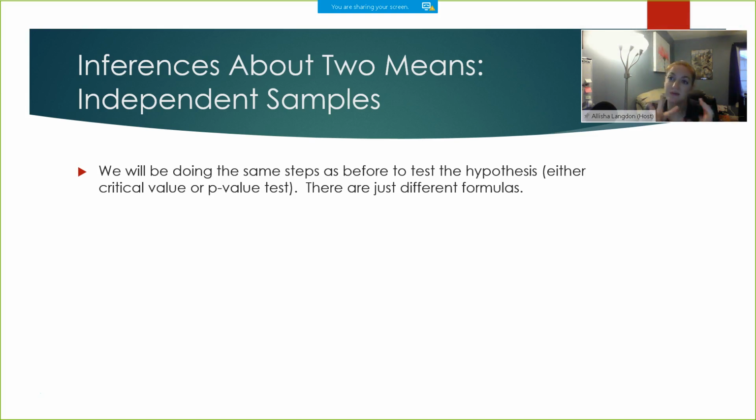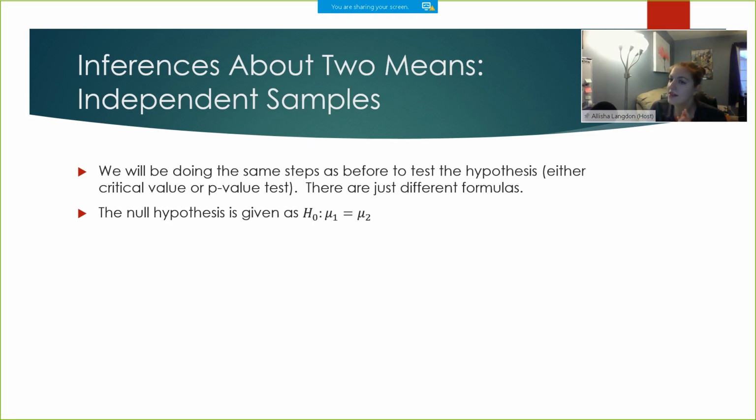And then, of course, we have to restate that in non-technical terms, aka we need to translate it for everyday Americans, right? So that we all understand what we're talking about. Either there is sufficient evidence or there's not sufficient evidence to support your claim.